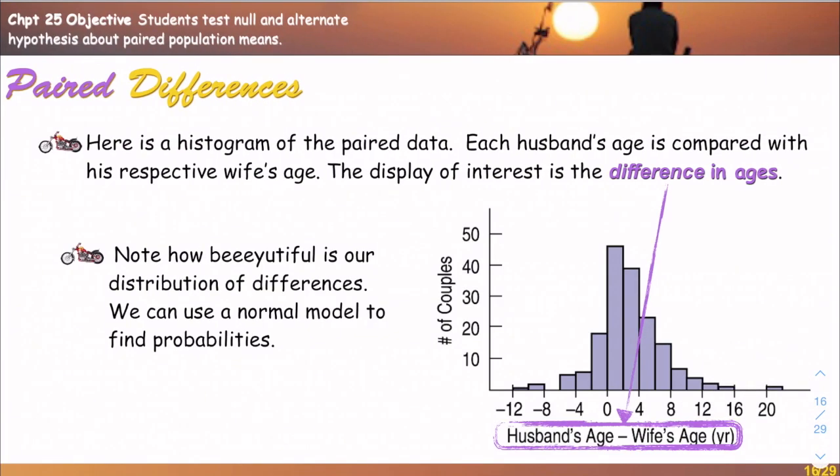But if we look at the differences in age between men and women, we get this nice looking histogram. So here's a histogram of the paired data. Each husband's age is compared with his respective wife's age, and the display of interest is the difference in ages.